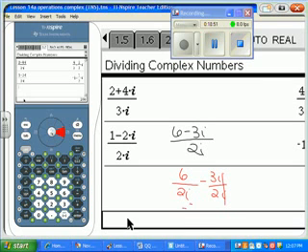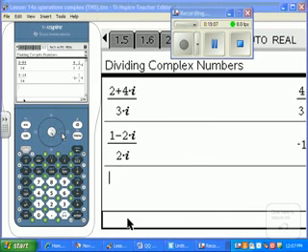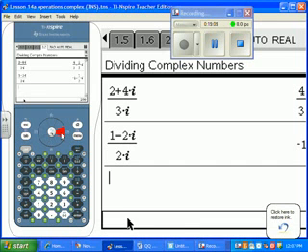These cancel. Here you get your 3 halves, and then you change the sign in the center. So, 3i. Okay. That's the end of that document.